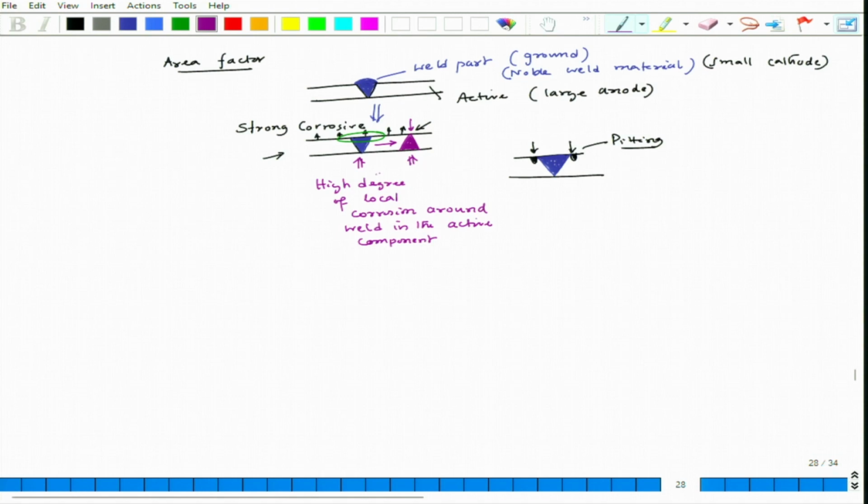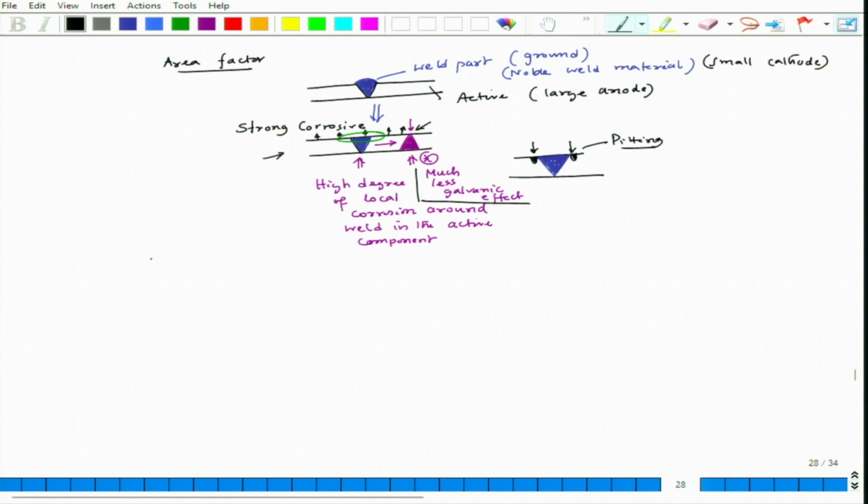But if you compare this, it will be much less. Okay. So this is my separation. Okay. So here it will have much less effect compared to the other one. So this is one more example.